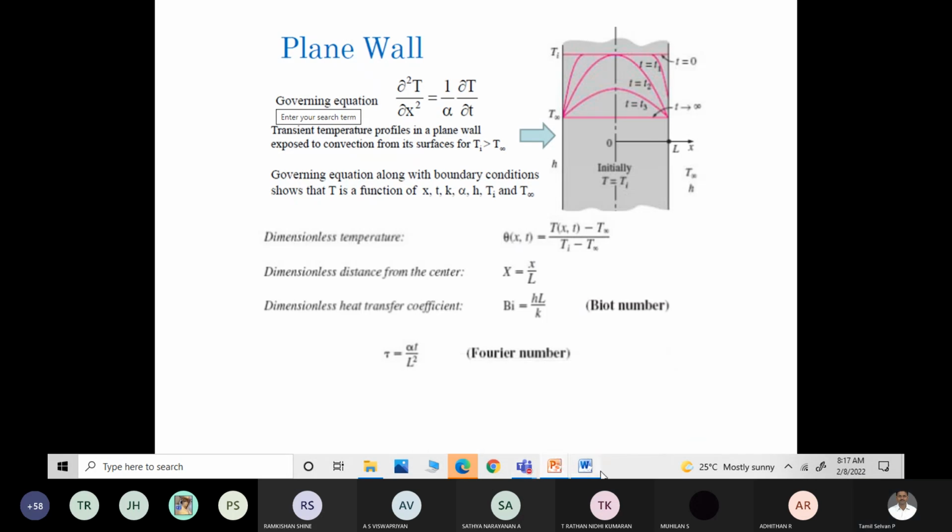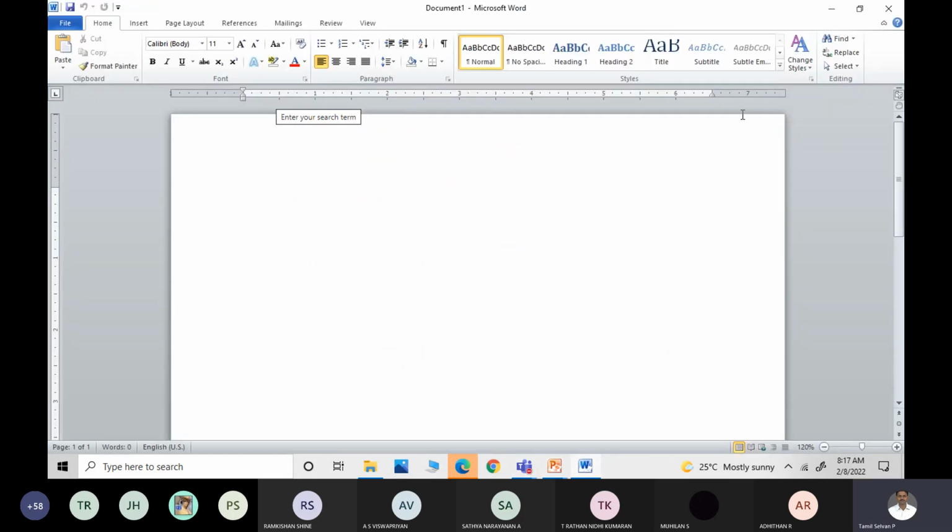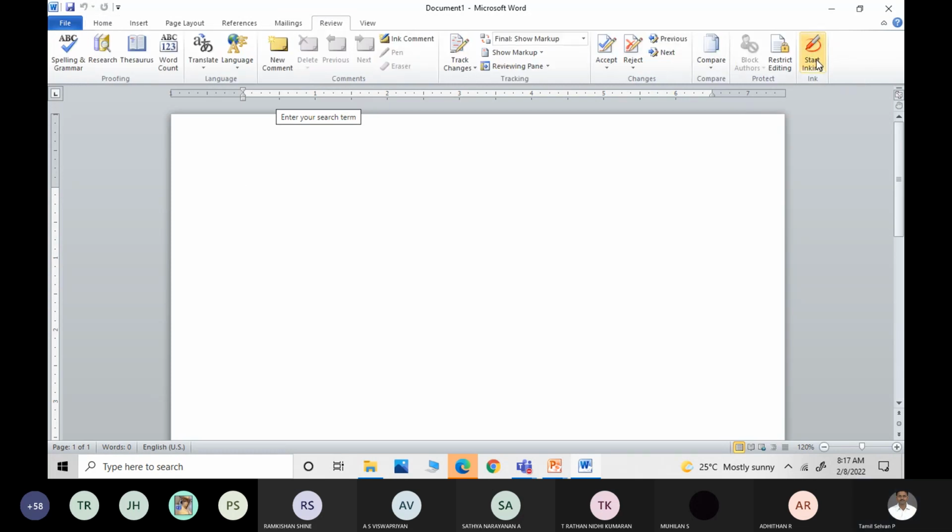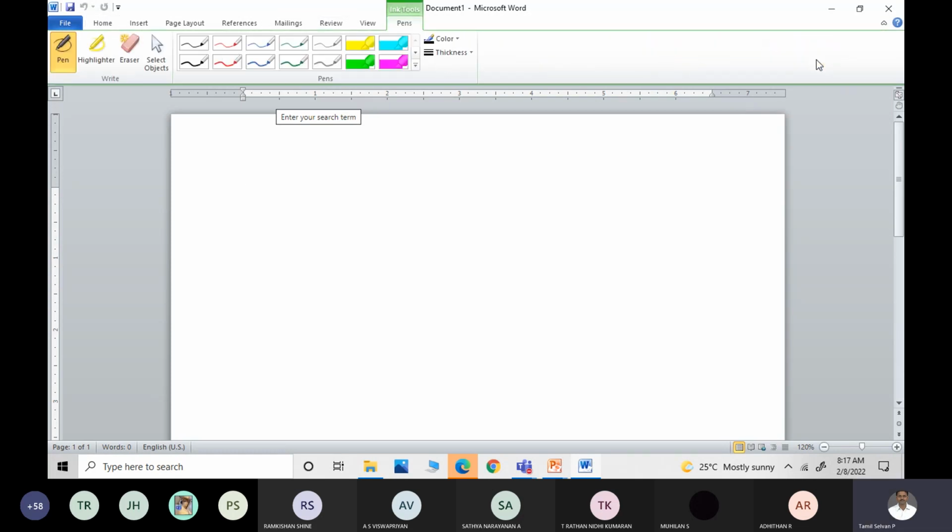Suppose you have an infinite solid, which has infinite length in the other two axes: infinite length along the y-axis and similarly infinite length along the z-axis.